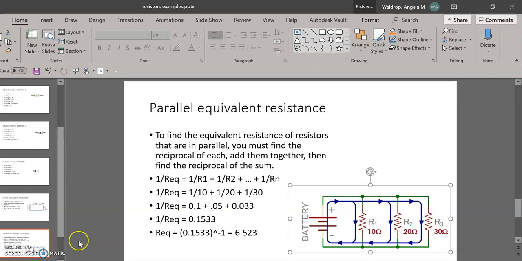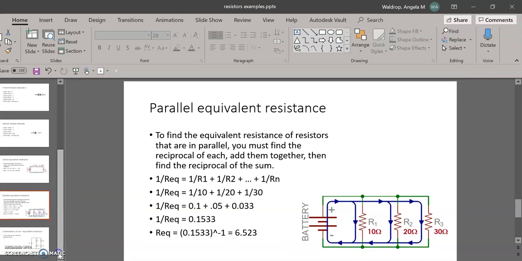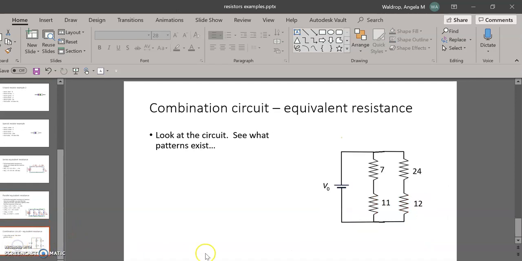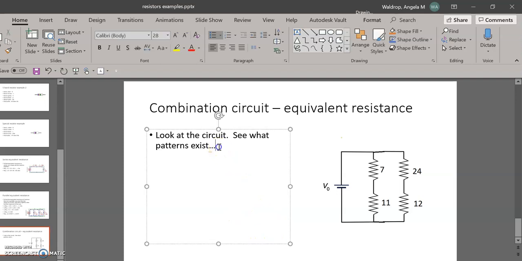Now, most circuits are not really easy and nice like that. Most circuits are combinations of the different patterns. So what you have to do with each circuit is look at what you have. And my recommendation is, if you have parallel branches, you can see that I have 2 parallel branches here. So I'm going to see that this branch has 2 that are in series. And I see that this branch has 2 that are in series.